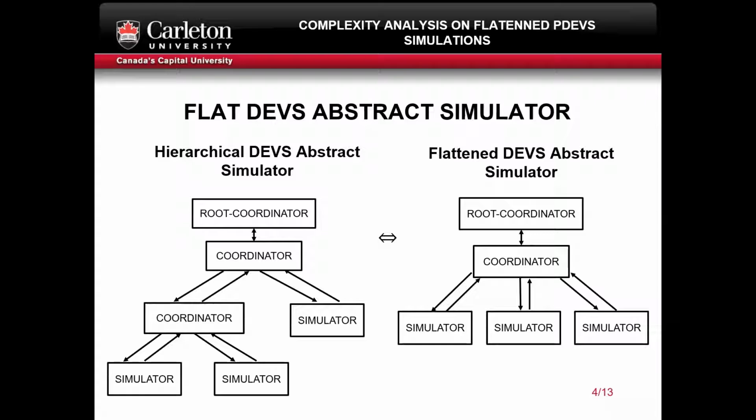One important improvement in executing DEVS simulations has to do with transforming the structure we use to execute. As we saw before, this structure is hierarchical, with different coordinators on the different levels and the simulators on the leaves of the tree. One important transformation presented in the literature is called the Flattened Depth Abstract Simulator. The idea is to transform this hierarchical structure into something flat, to simplify the algorithm to execute the simulations and to obtain performance out of this.